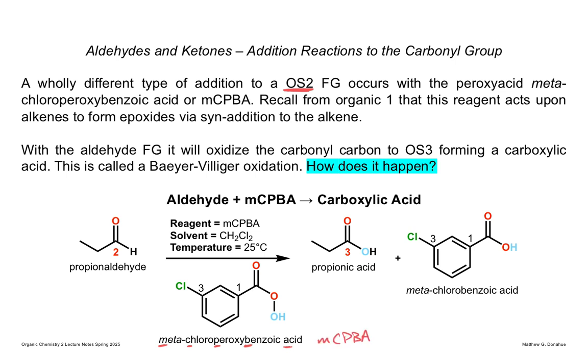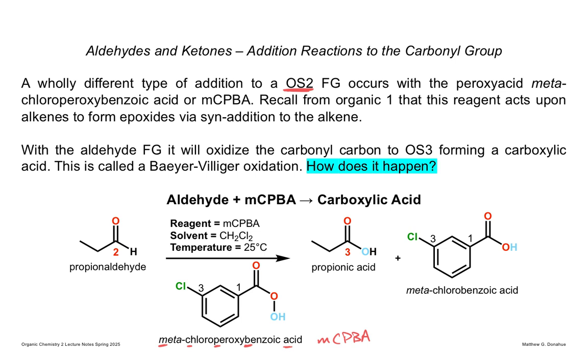We've seen that reagent before in Organic Chemistry 1, where it can take an alkene and make an epoxide. So of the alkene, both carbons are going to form a sigma bond to the oxygen.